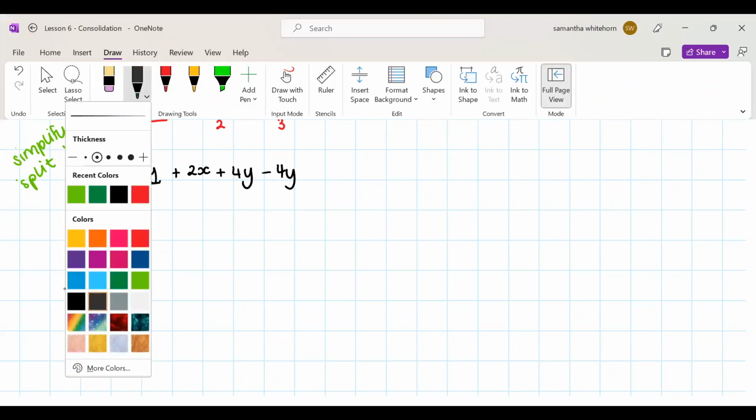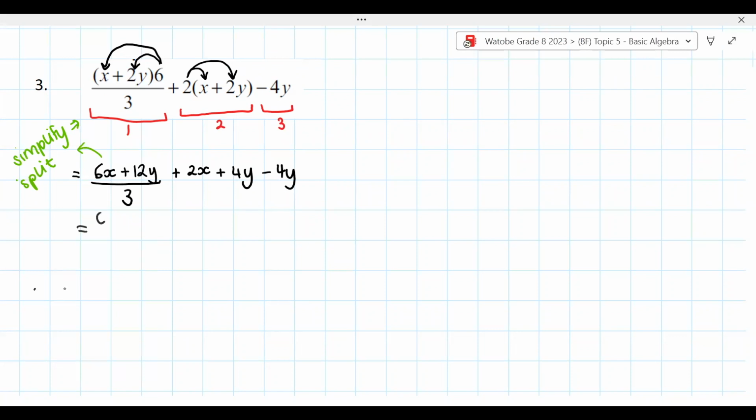So what we're going to do is write our fraction as 6x over 3 plus 12y over 3. We want to split the fraction because that will help us simplify. We still have the plus 2x, the plus 4y, and the minus 4y. Those haven't gone anywhere, but I'm going to leave them for now whilst I simplify.